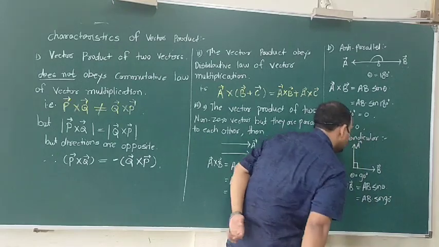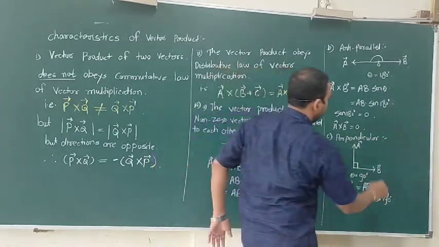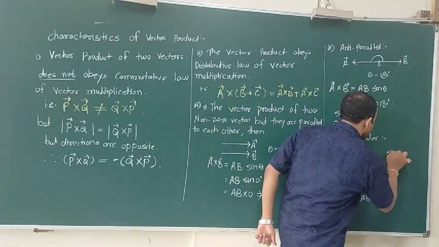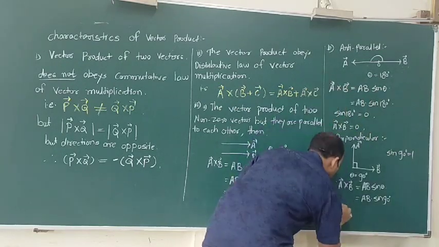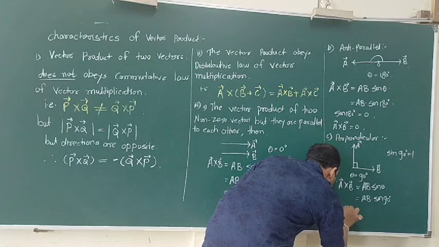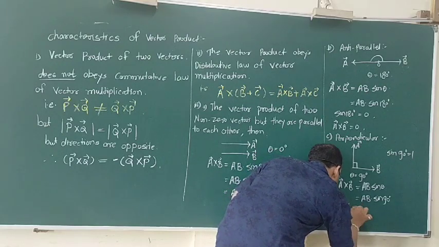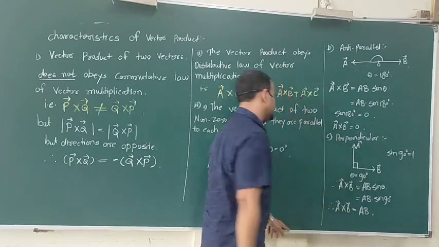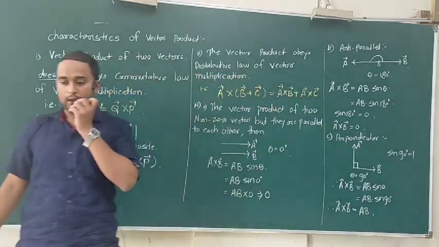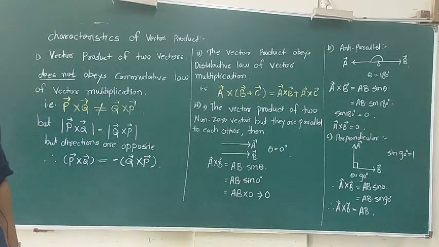Here we know that the value of sin 90 is 1. So a bar cross b bar is equal to ab.